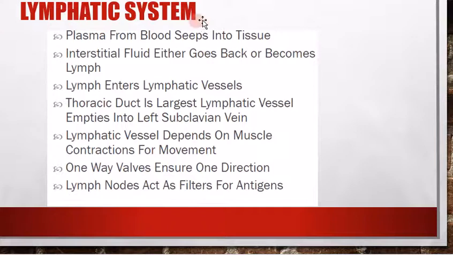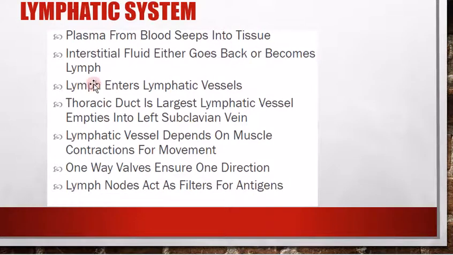Now, in the lymphatic system, plasma from the blood seeps into the tissue and becomes interstitial fluid. It either goes back to the vessels or it goes to the lymph. So there are two options for the plasma that flows out of the blood vessels, seeping into the body tissue.